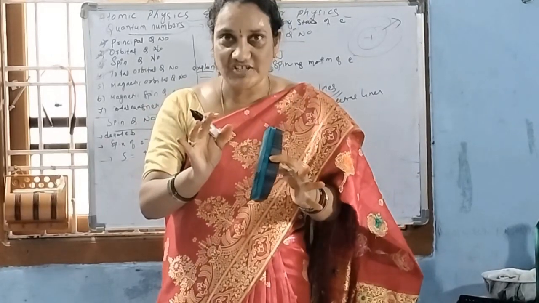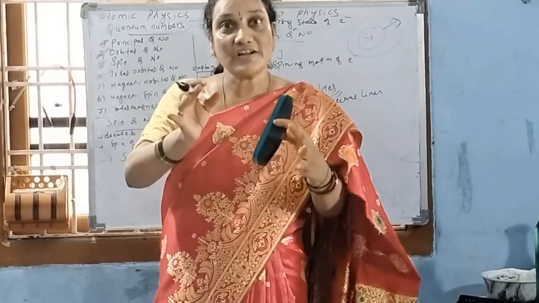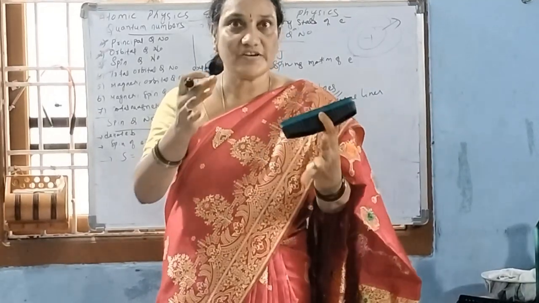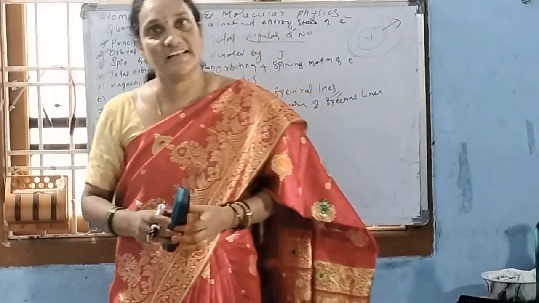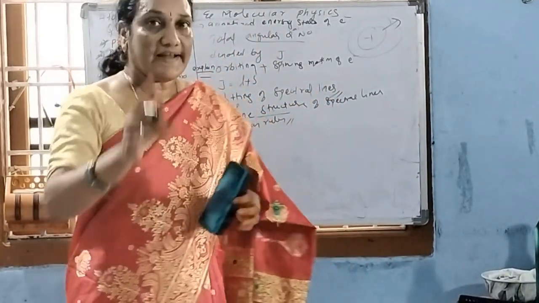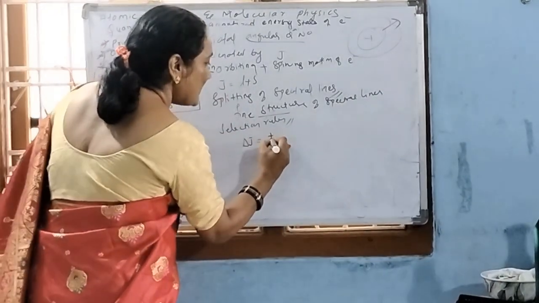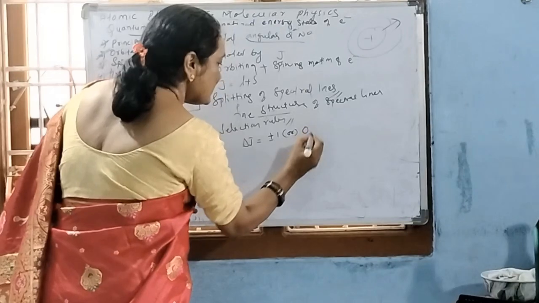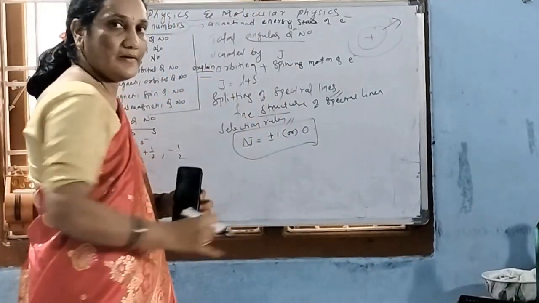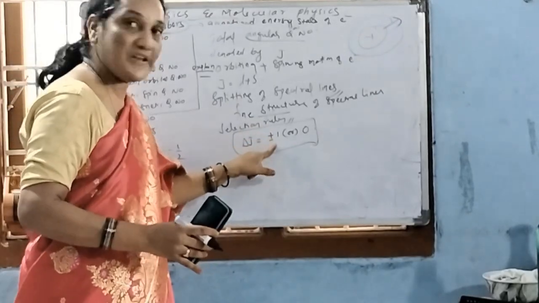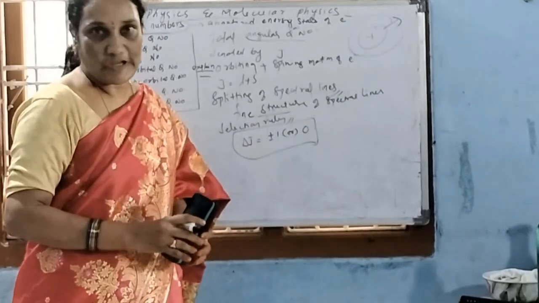Only a few transitions are possible. Those few transitions are given by selection rules. In my future video, let us discuss these selection rules also. And the selection rule for this total angular momentum is plus or minus 1 or 0.